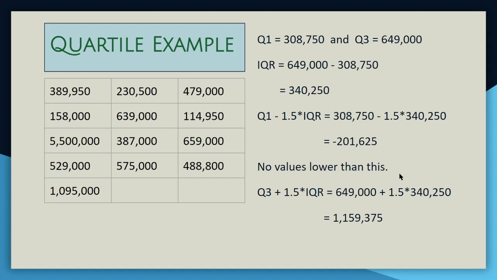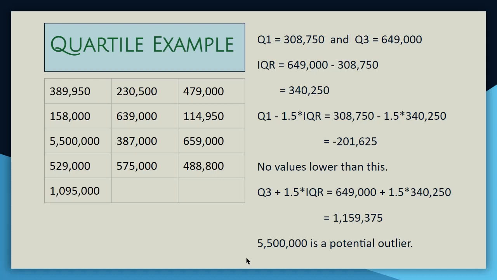That was a mouthful. And I see one value in my table that is bigger than that 1.1 million, and that's the 5.5 million. So that value, which is almost 5 times bigger than that upper bound, is a potential outlier. I would say that's likely an outlier in my data.